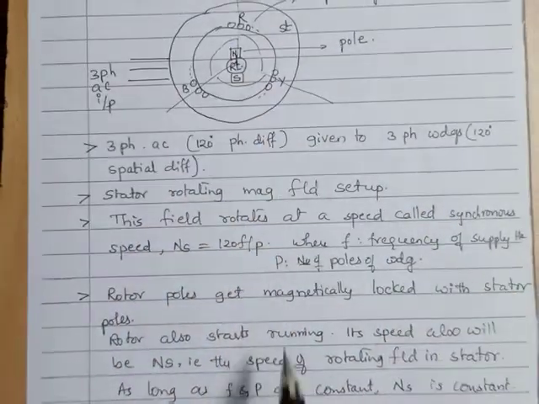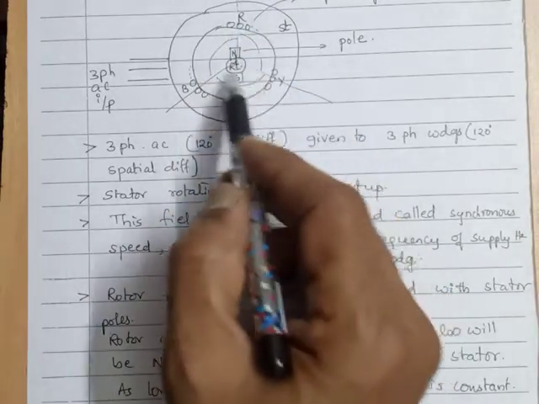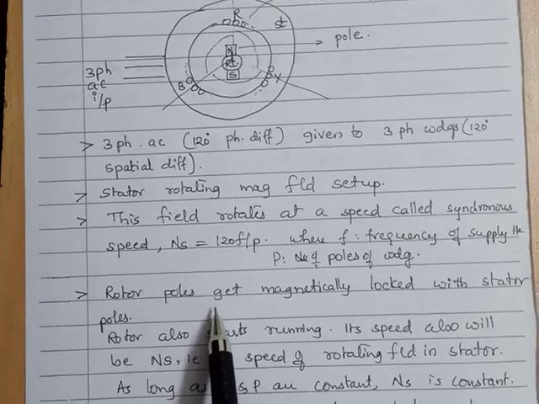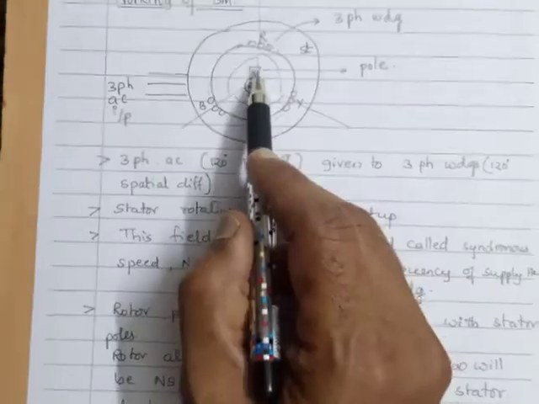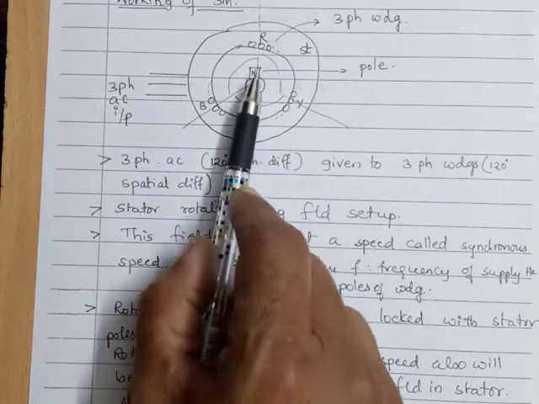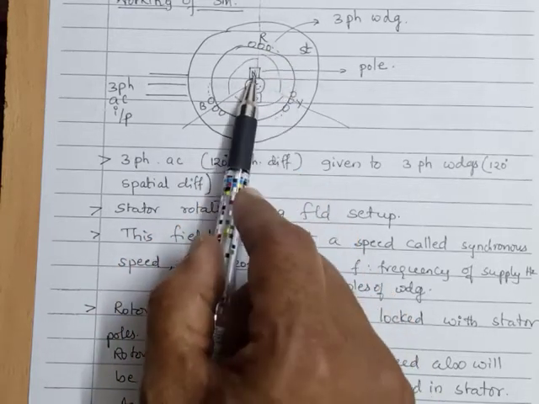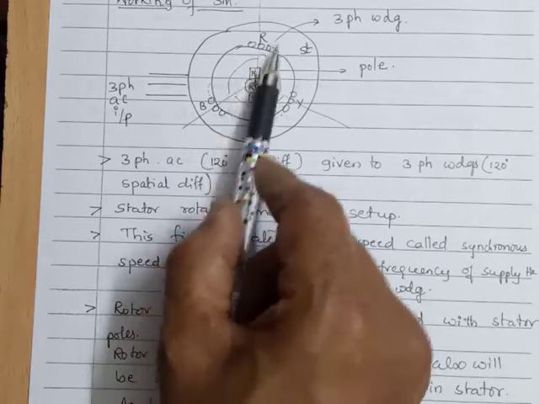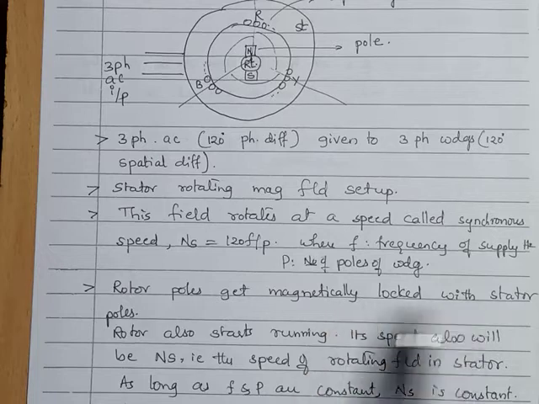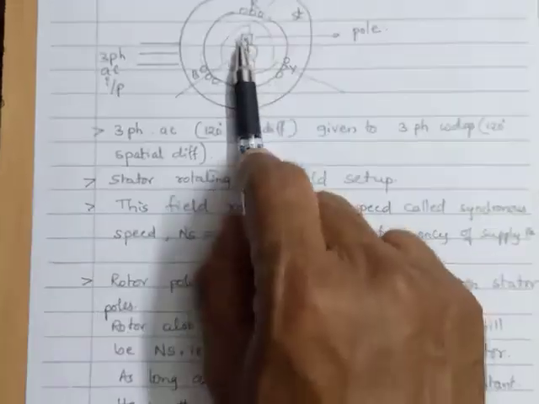Now, in this rotating field, the rotor is kept, and the rotor has poles, so the rotor poles get locked with this rotating field. There will be a magnetic field, and the rotor poles will get locked magnetically with the stator poles, and the rotor also starts running.